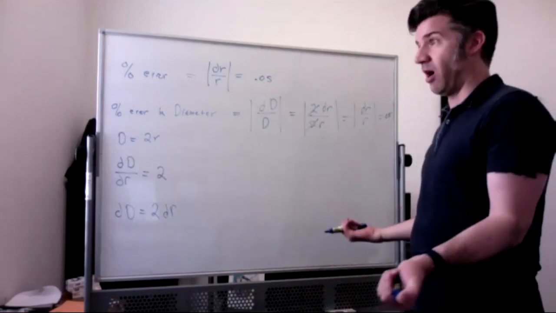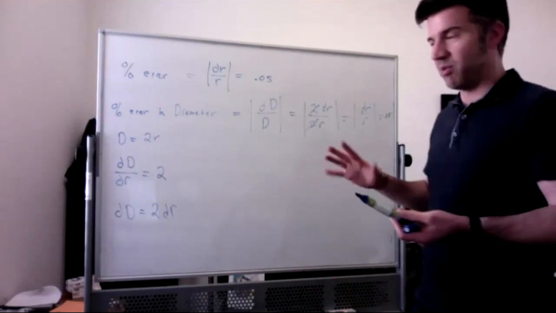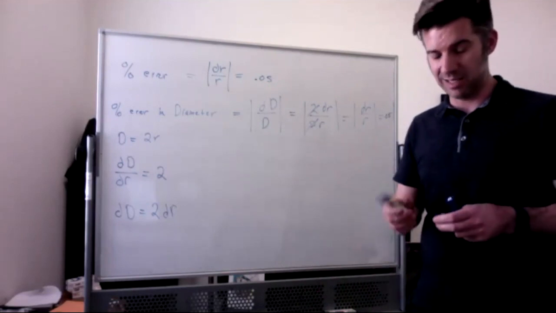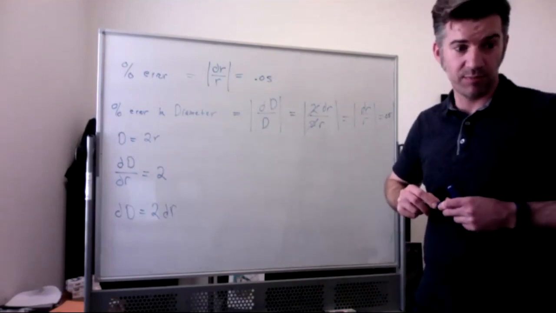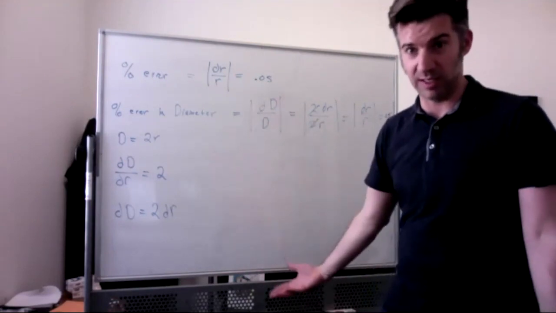Because essentially whatever you're off by for the radius, you're going to be off by that much for the diameter, but because the diameter depends linearly on the radius, it's not going to change the percent error you've got. Your diameter is going to be twice as big, the error is also going to be twice as big.